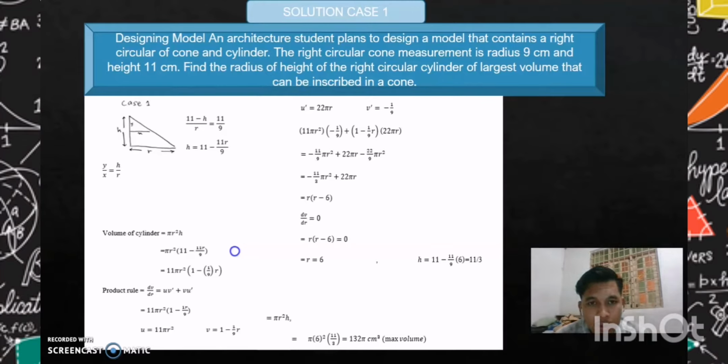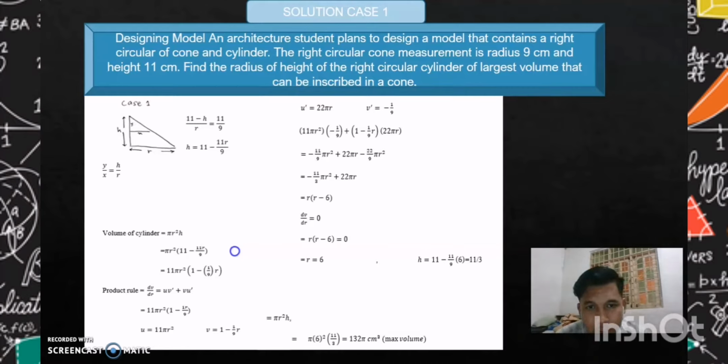So 11 pi r squared multiplied by negative 1 over 9, plus (1 minus 1 over 9 r) multiplied by 22 pi r.